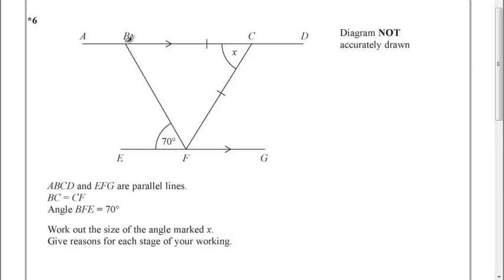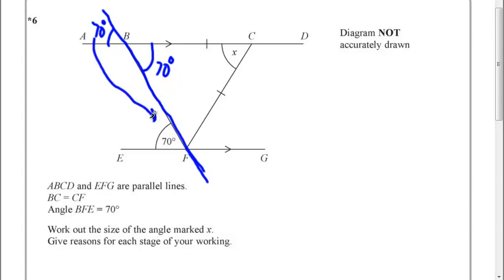When I get these, I like to extend these lines a bit. Just gives you a better idea of what's going on. And so this 70 degrees here will equal this 70 degrees here. And that will also be 70 degrees there. Now these two here, all you have to do on your diagram is tell them what they are.